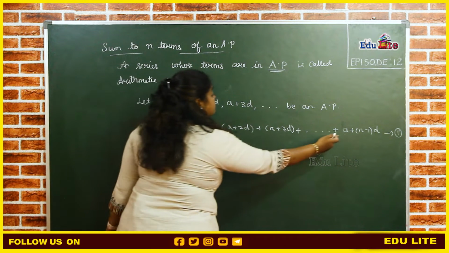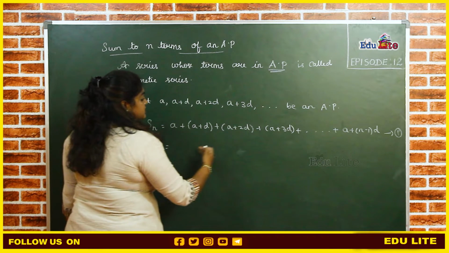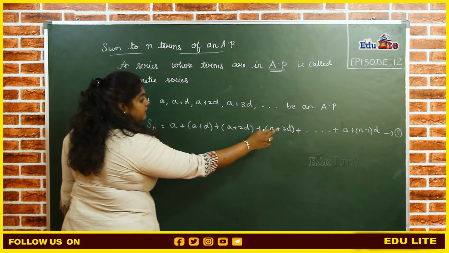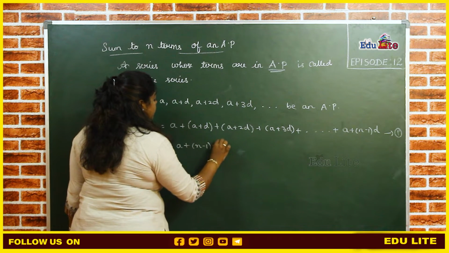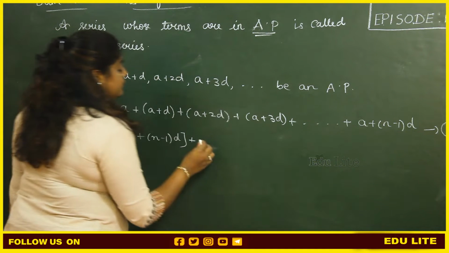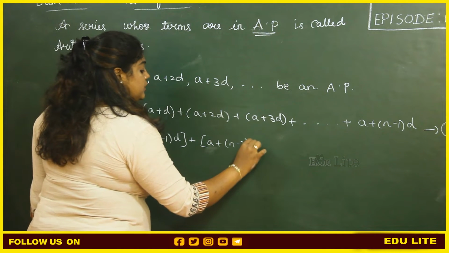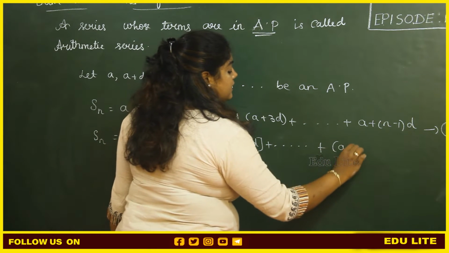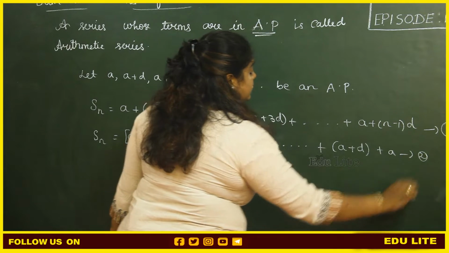Reverse order in the sense, the last term will become the first term. Similarly, in a reverse process, the first term will become the last term. So, the last term of the series is A plus (n minus 1) into D. The term before this will be A plus (n minus 2) into D. Following in the same fashion, I will get A plus D plus A. This I am going to consider as equation 2.